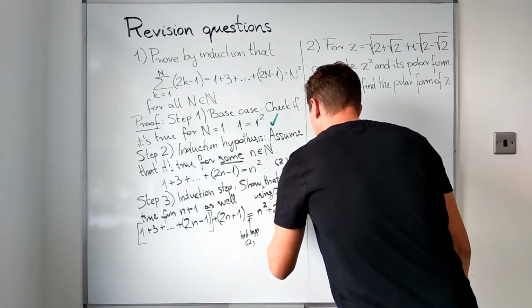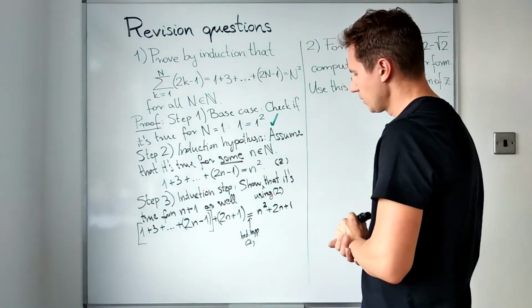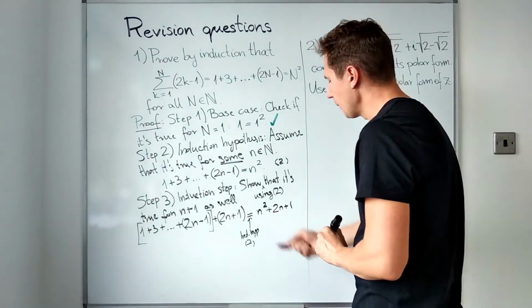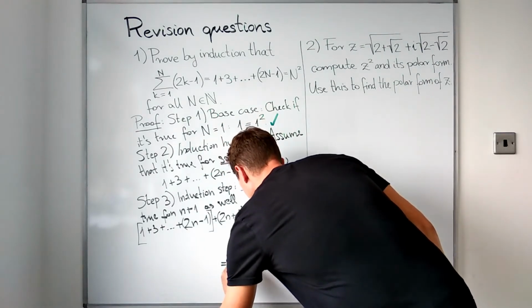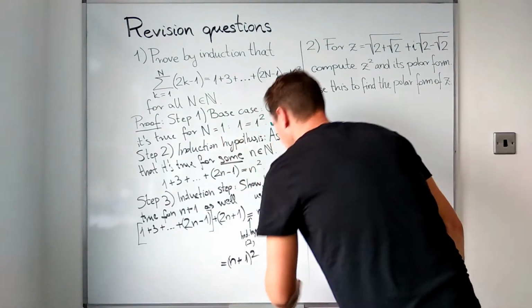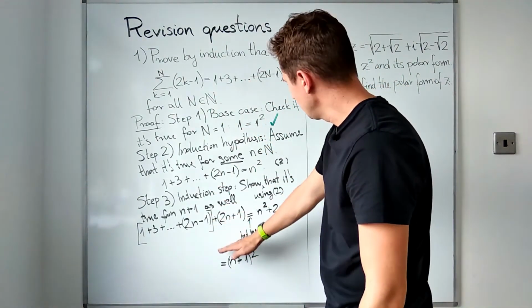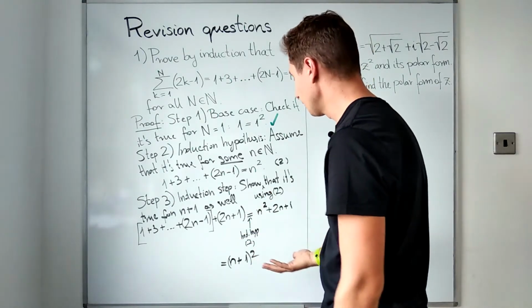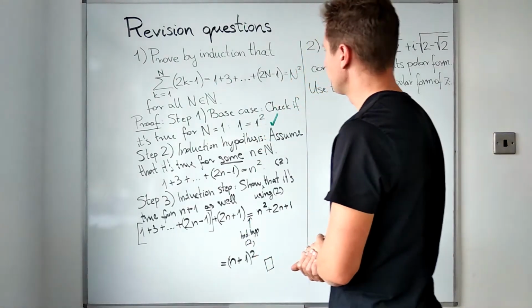We'll just carry them forward to n plus 1, and in this expression you hopefully immediately recognize that this is nothing but n plus 1 squared. Which shows that the statement is also true for n plus 1, and in fact the proof is concluded.